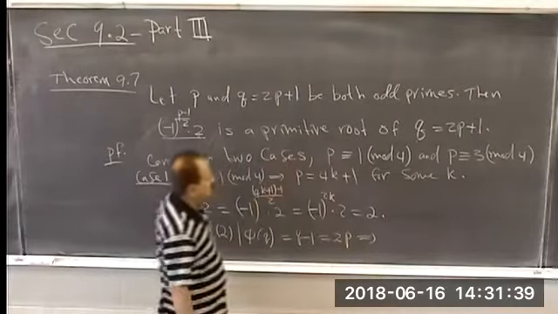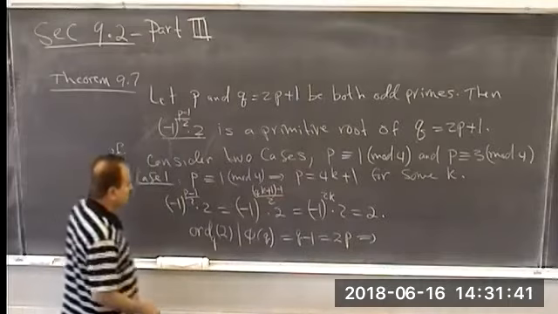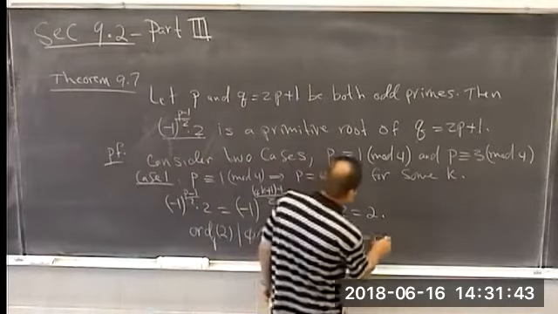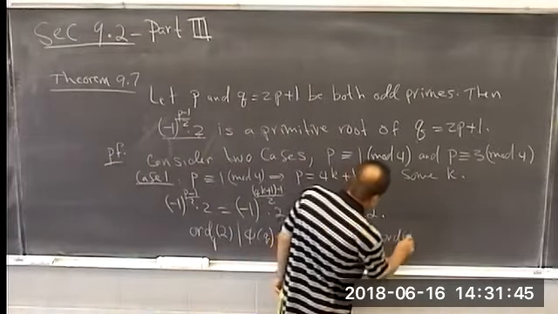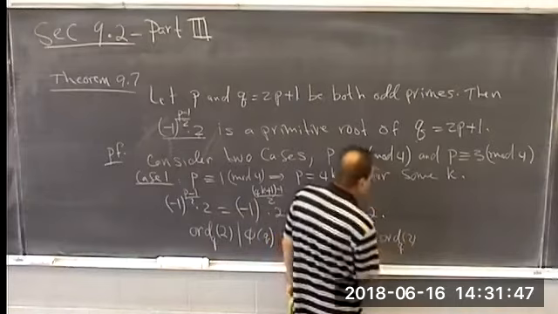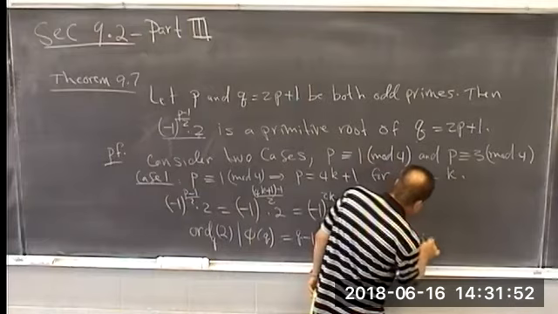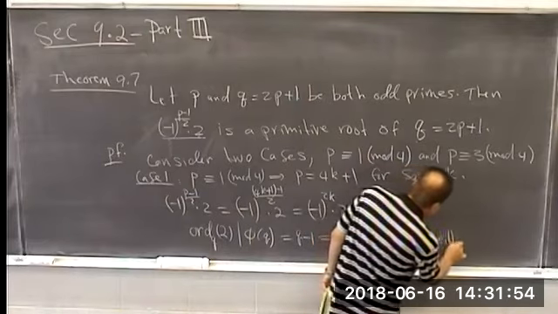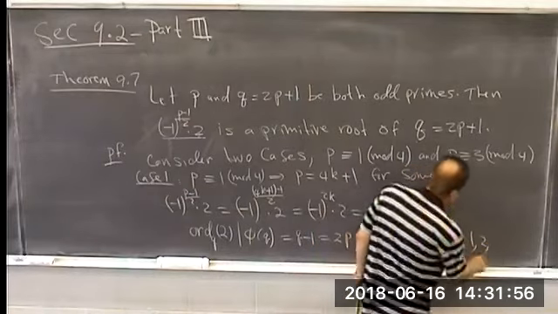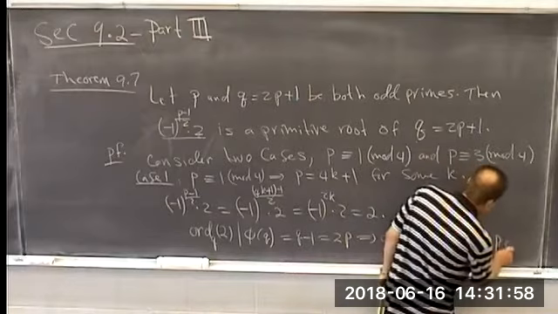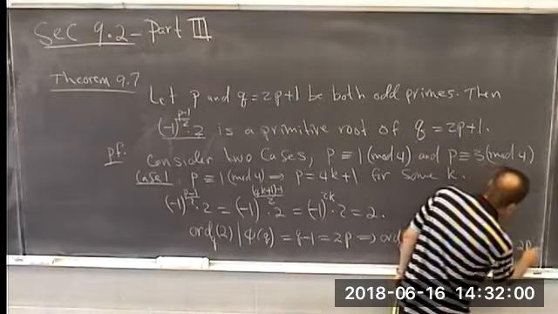Since 2 and p are primes, the possible values of the order of 2 mod q are either 1, 2, p, or 2p.